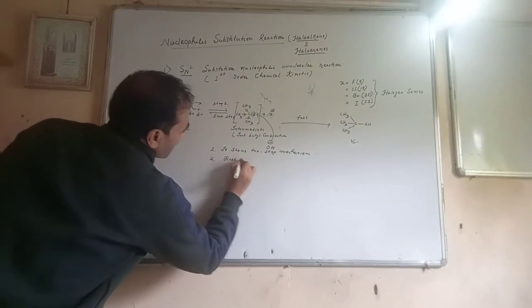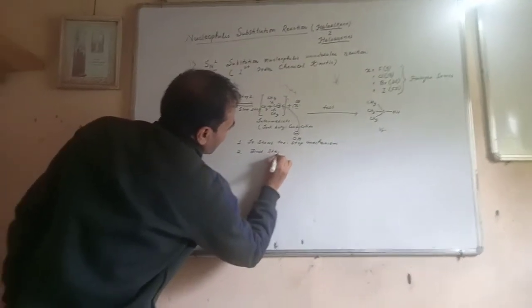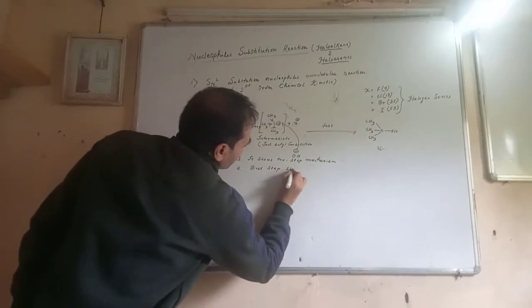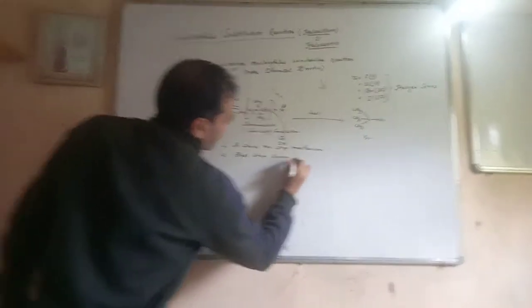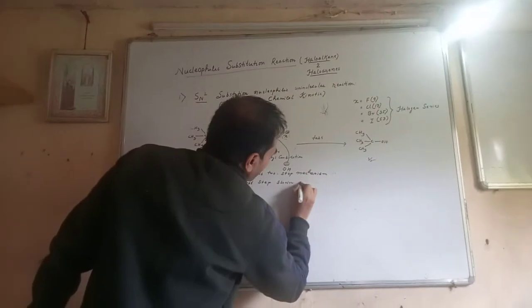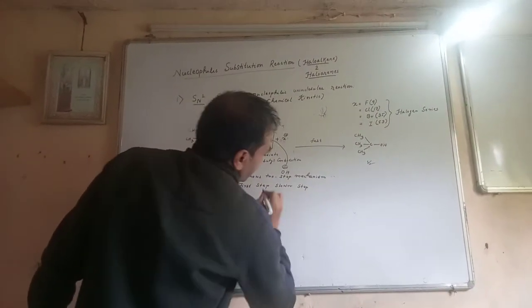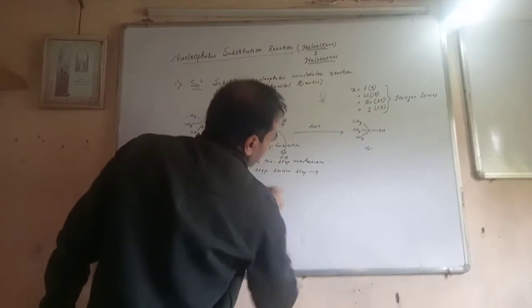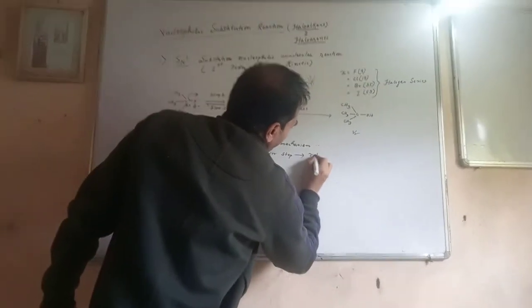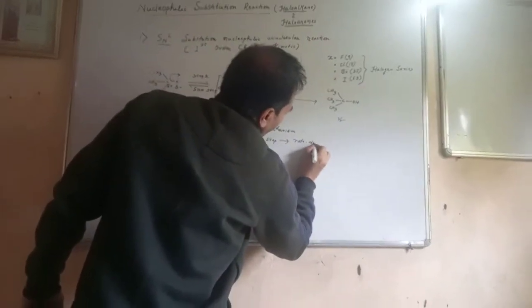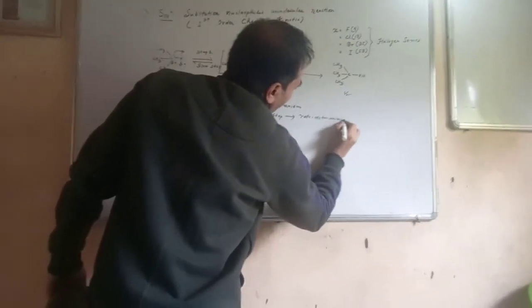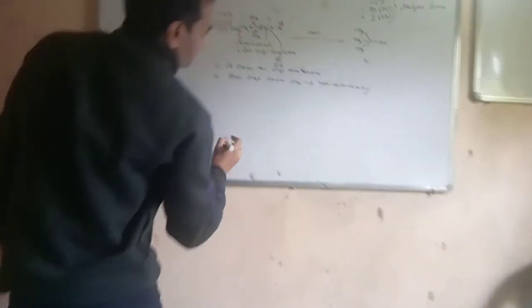First step, slower step. So when there is a slower step, slower reaction rate, it means that it will be a rate determining step. Okay. First step is going to determine the rate of the reaction.